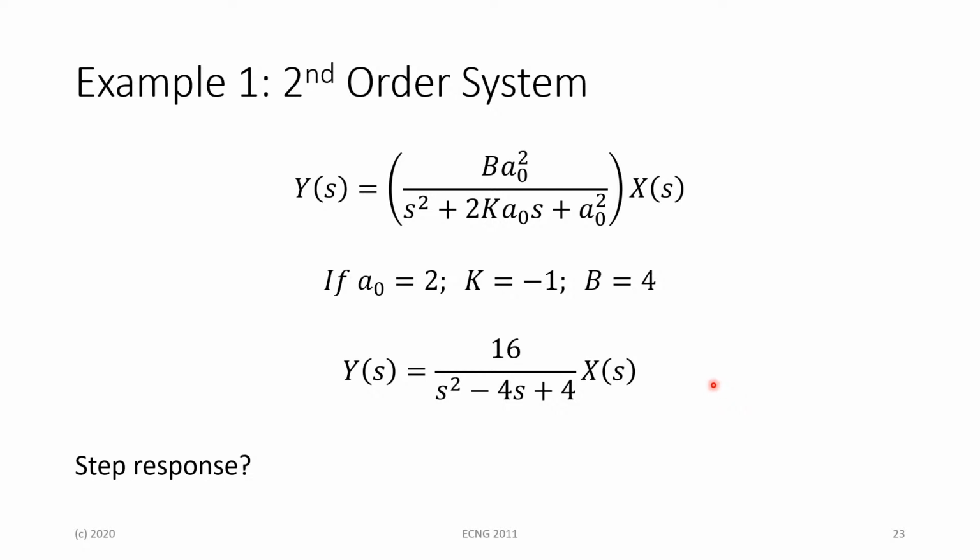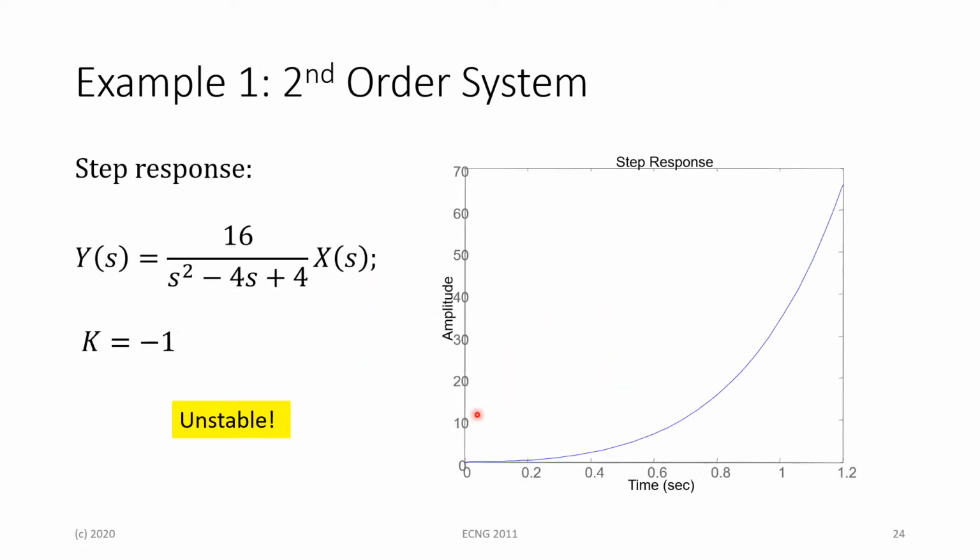So if we do the step response for Y of s after we substitute these values for a0, k, and b, we see that for k being a negative value, we have an exponentially increasing sinusoid, resulting in a totally unstable system, because this value never approaches its steady state value. It just keeps on going towards infinity.